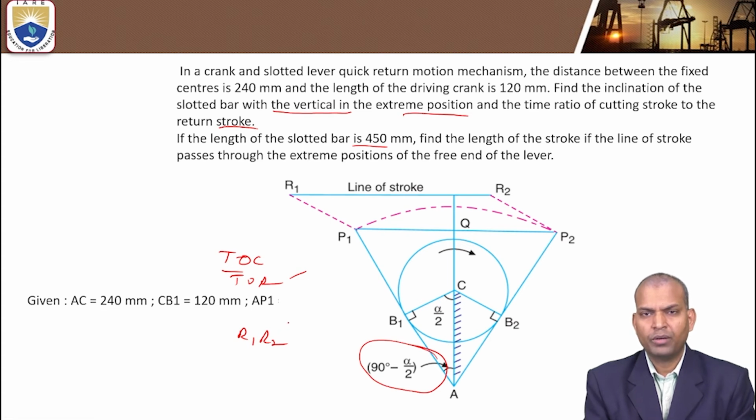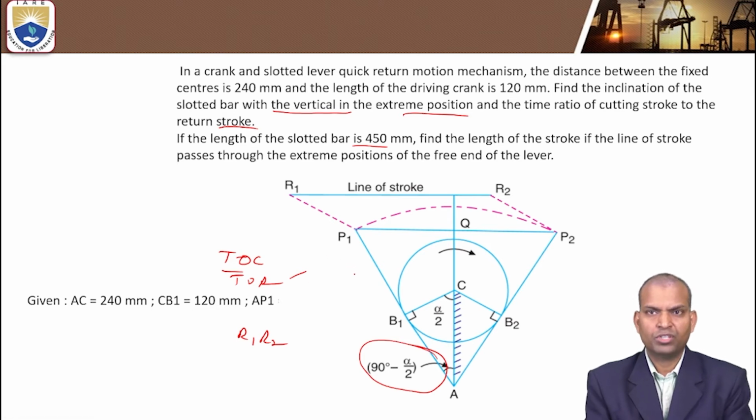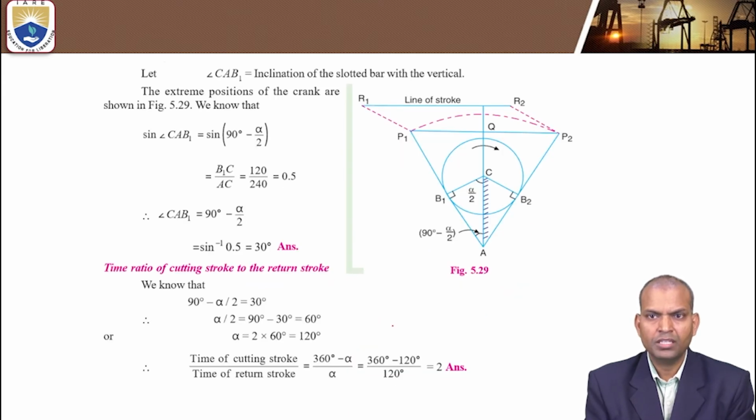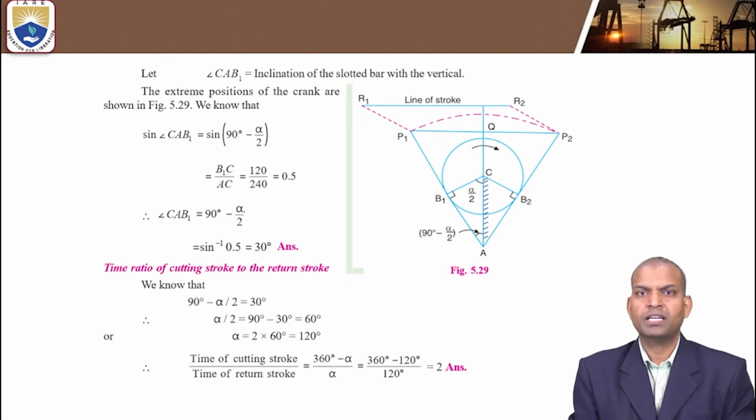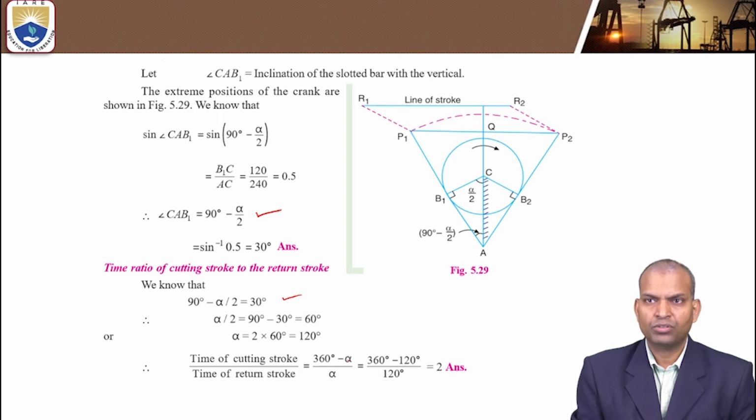You follow the problem which I have shown before, completing the starting of this model. Follow that methodology with completely the same notation, and you will not get any confusion. This is the same procedure. What is the first objective? Sin of 90 minus alpha by 2. And for the time of cutting stroke to time of return stroke, follow the same methodology.